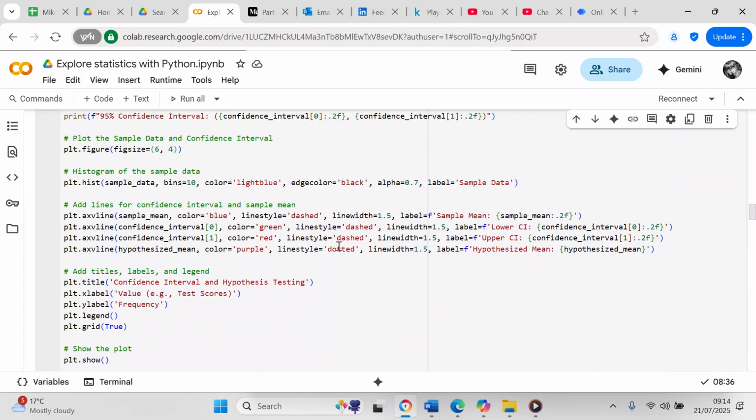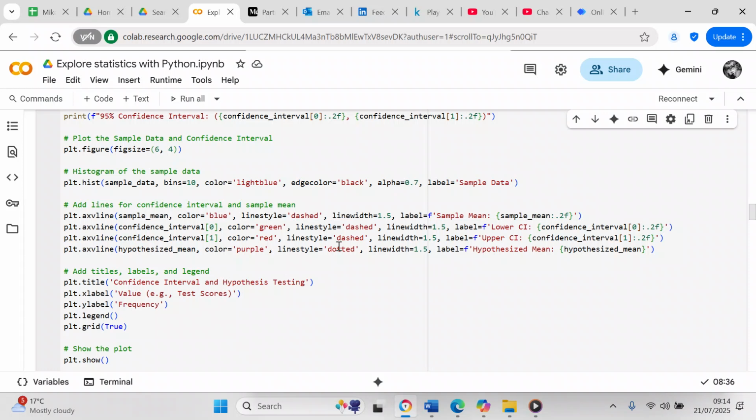We're going to create a histogram of the sample data: plt.hist, brackets, sample data, bins equals 10, color equals light blue, edgecolor equals black, alpha equals 0.7, label equals sample data. Then we're going to add vertical lines for the confidence interval and sample mean.